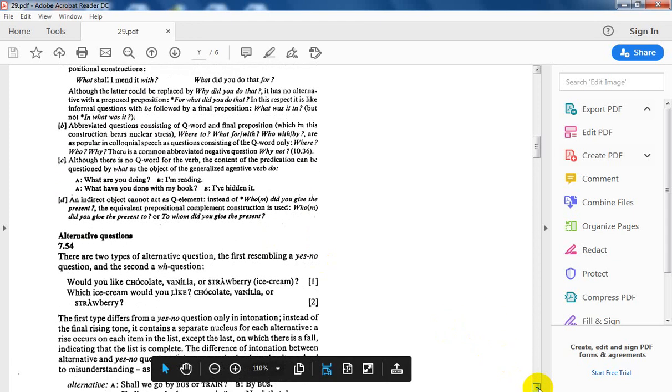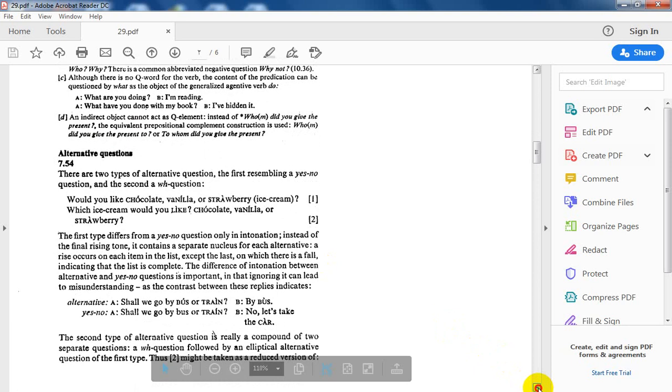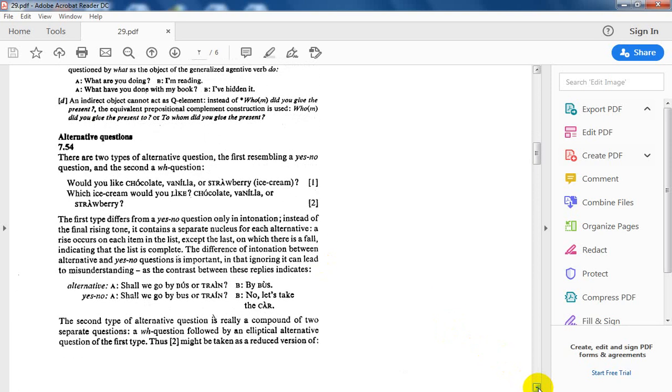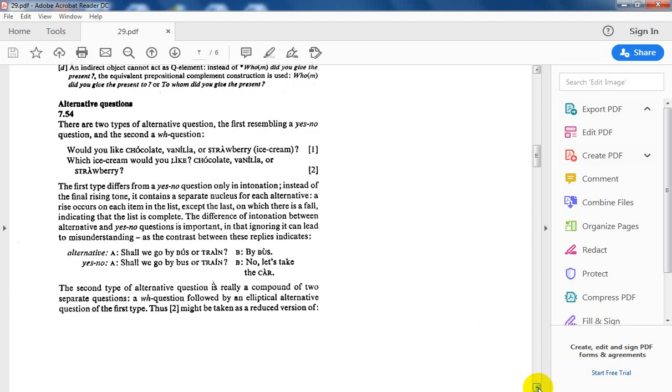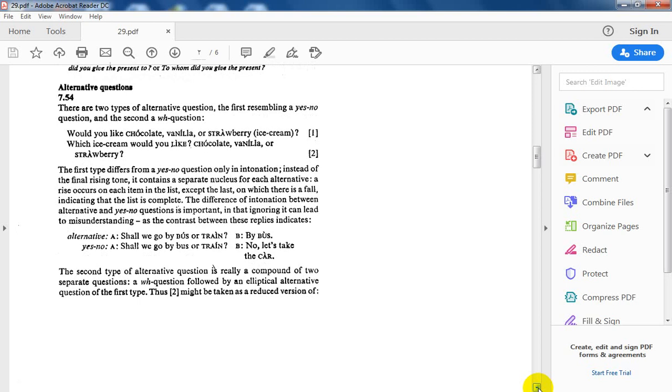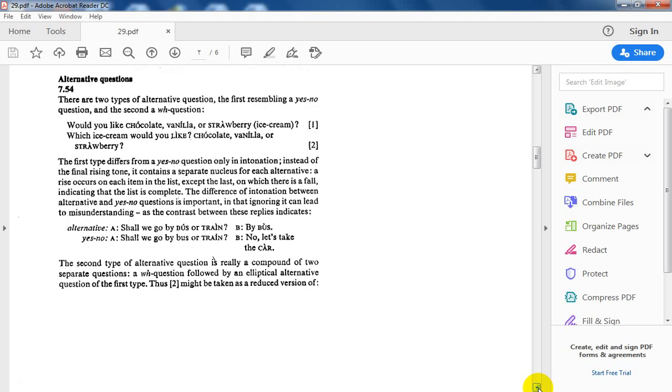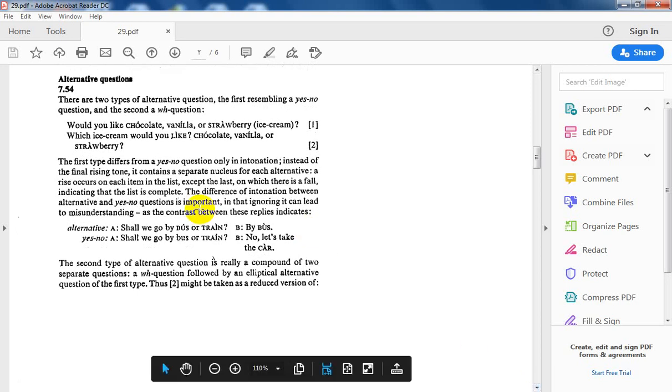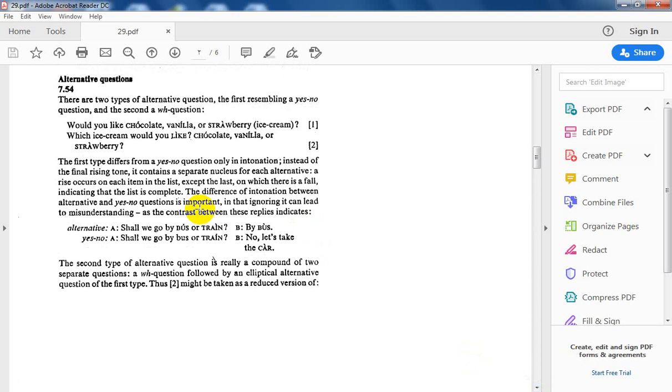Again, the third category of questions is the alternative questions. Alternative questions are something mixed from yes/no questions and WH questions.